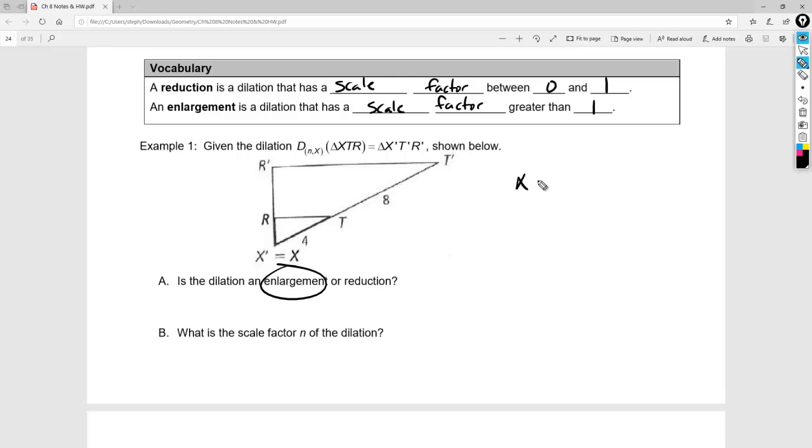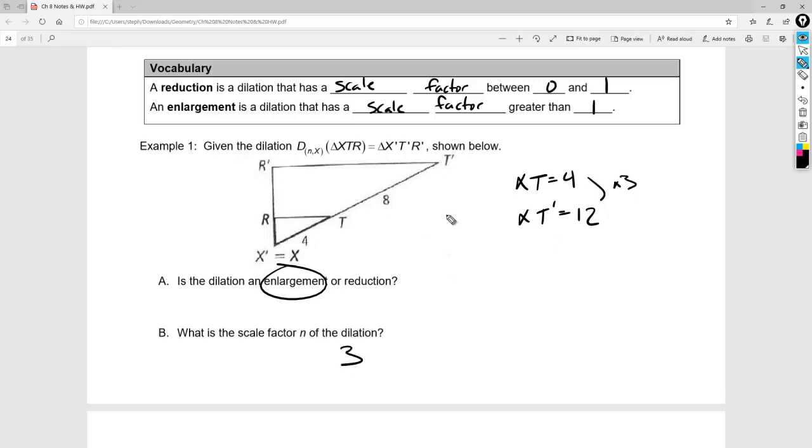I have some scale factor times my point T, which gave me 4. Now to go to T prime, all of a sudden we're at 12. So this distance from T to T prime is 8, so all together I'm at 12. So obviously I have increased by a factor of 3.